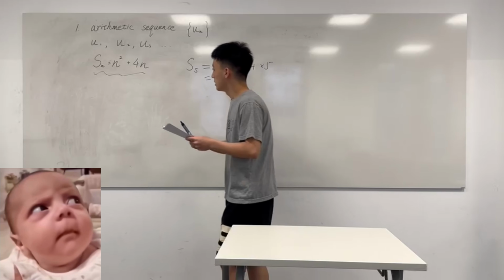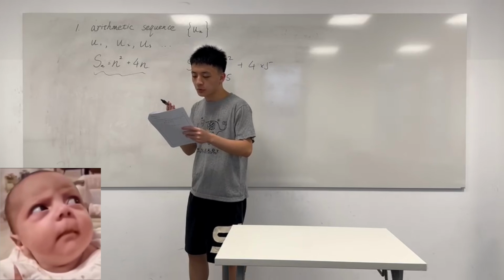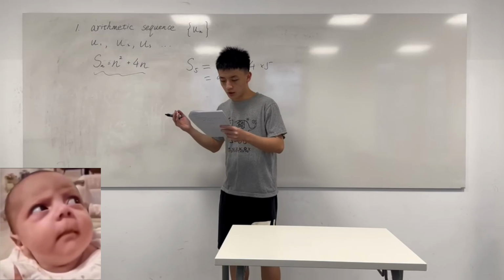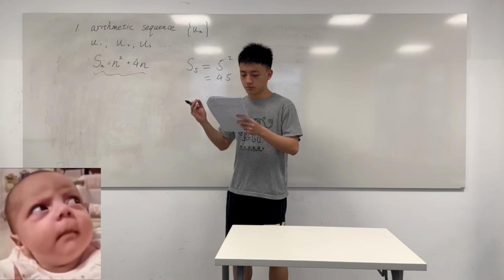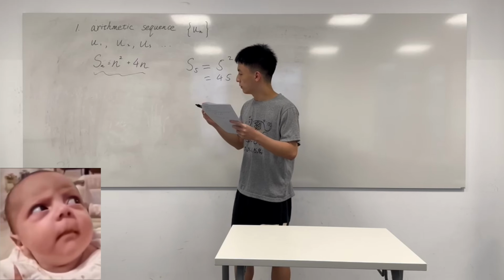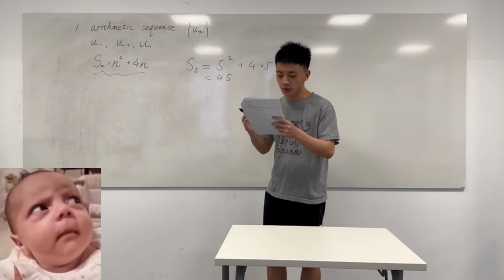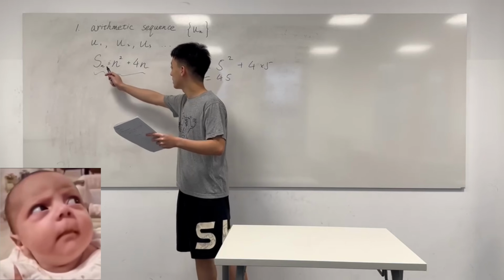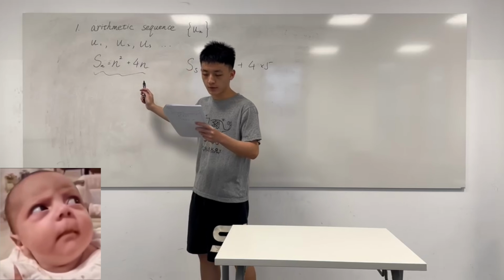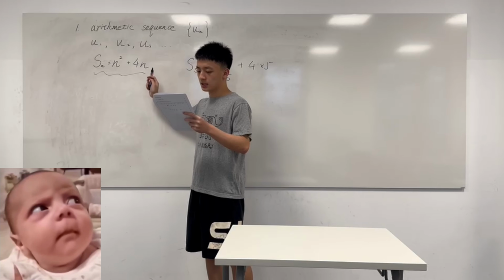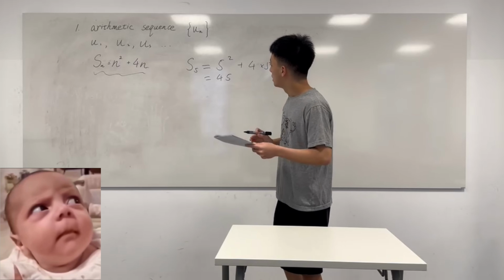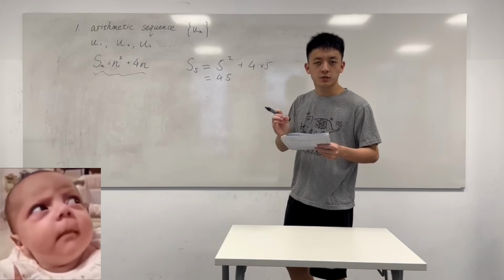Actually, we don't need the information that S6 equals 60, because if we put 6 in the formula and calculate by ourselves, we can also get S6 equal to 60. But this question gave it to us. So how can we find U6?